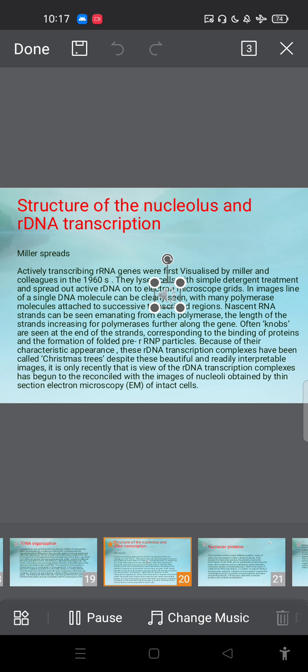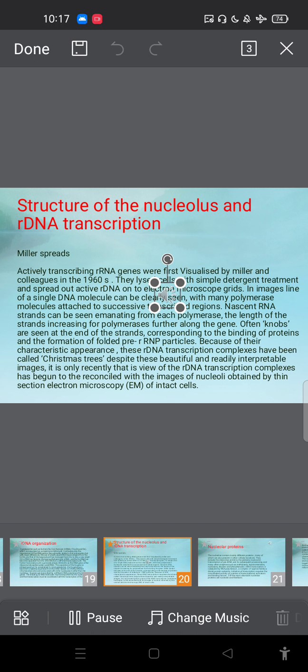In images, a line of a single DNA molecule can be clearly seen, with many polymerase molecules attached to successive transcribed regions. Nascent RNA strands can be seen emanating from each polymerase, the length of the strands increasing for polymerases further along the gene.